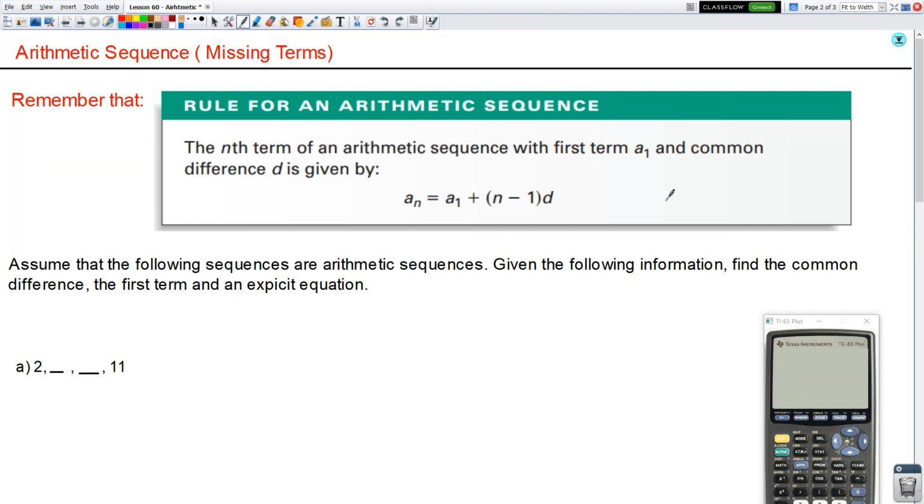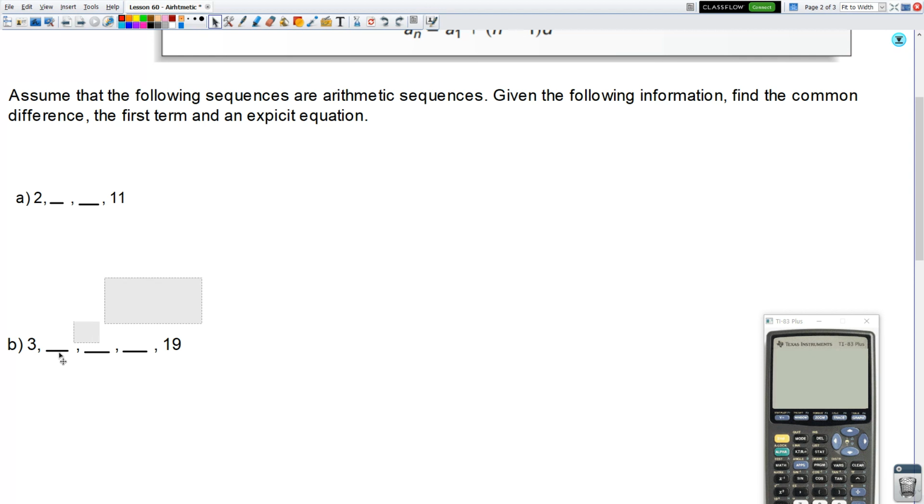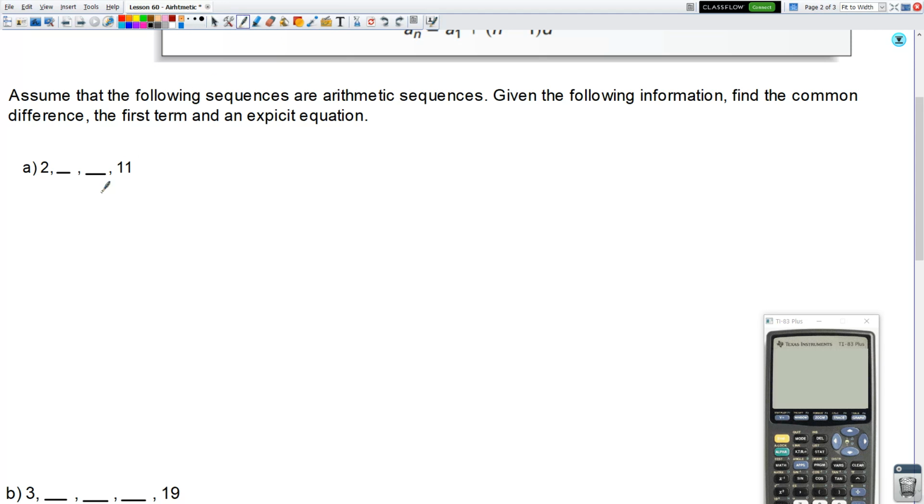Notice that the previous examples always gave us one term after the other, and then the one that follows after that. But take a closer look at the next example. Take a look at example A. Let's not worry about B yet, but let's concentrate on A. One thing to notice about A is that they're only giving us the first term and the fourth term.